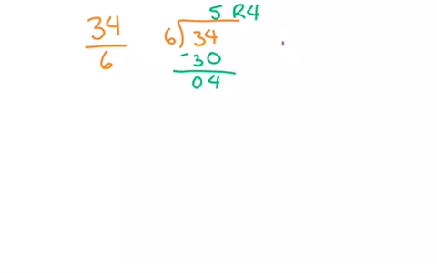We have 5 whole, and 4 becomes our new numerator, and the denominator is 6. Now, can we simplify this fraction? Can we? Yes, we can. Okay, so let's simplify this fraction.